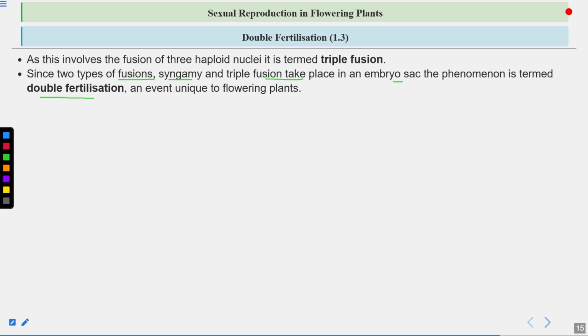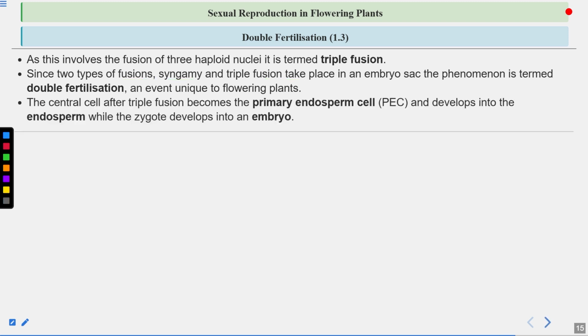The central cell, see this point. The central cell after triple fusion becomes the primary endosperm cell and develops into the endosperm, while the zygote develops into the embryo.